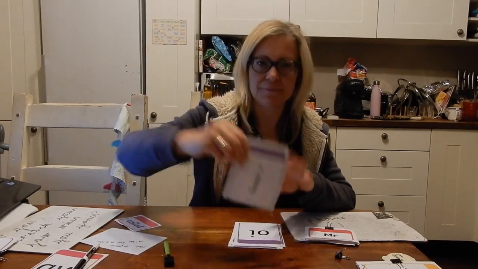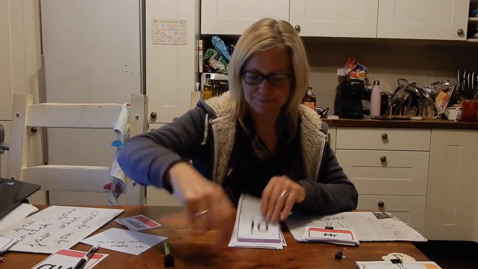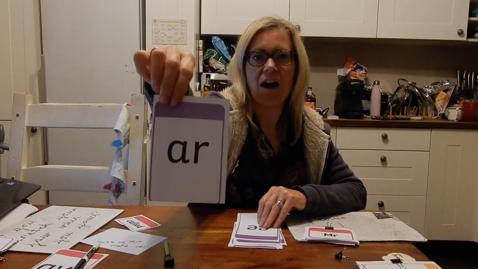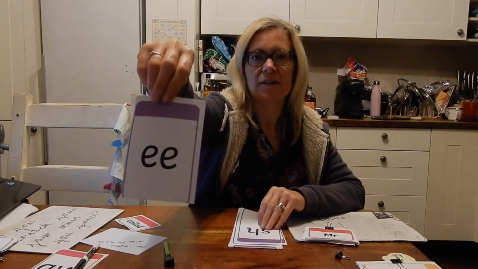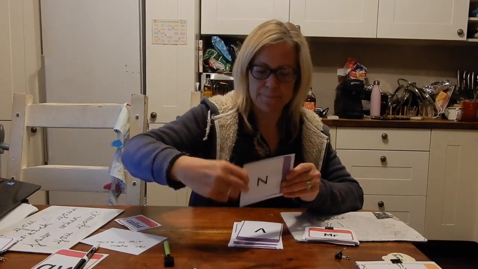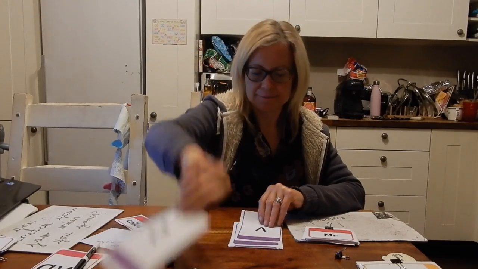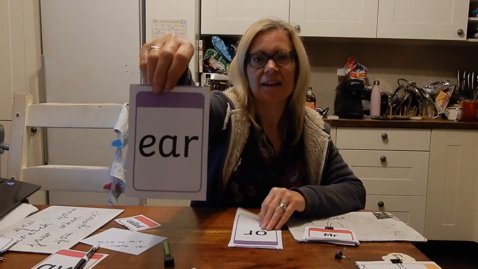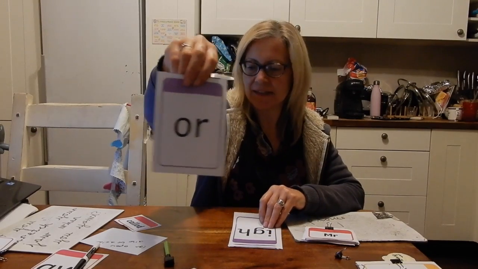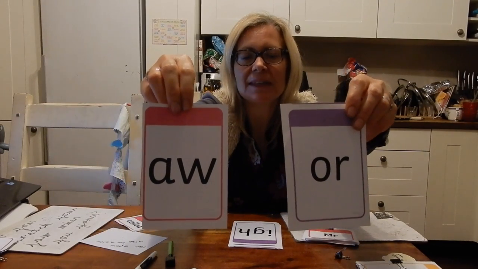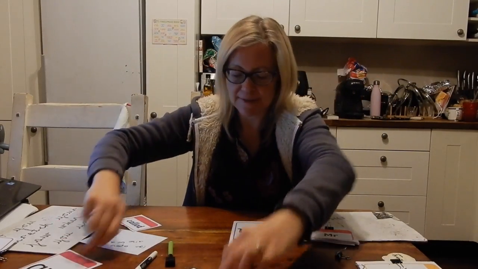Y, j, oi, r, e, sh, z, v, ear, or. So that's another way of making an OR sound. So we're going to know this one and this one, both making the OR sound by the end of the day. End of this lesson, should I say.